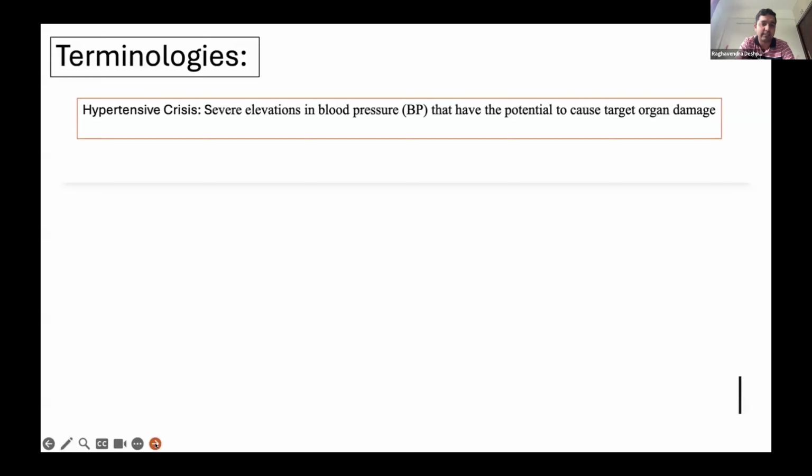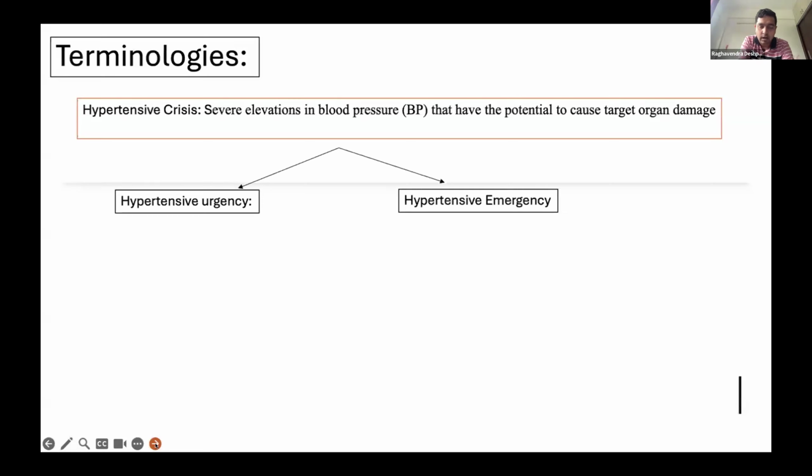Hypertensive crisis is nothing but a severe elevation of blood pressure that has the potential to cause target organ damage. It can be divided into hypertensive urgency, which is a mere elevation of blood pressure that has not caused any target organ damage, and hypertensive emergency, which we will discuss in further slides, a condition where there is a severe elevation of blood pressure that has already caused organ damage.